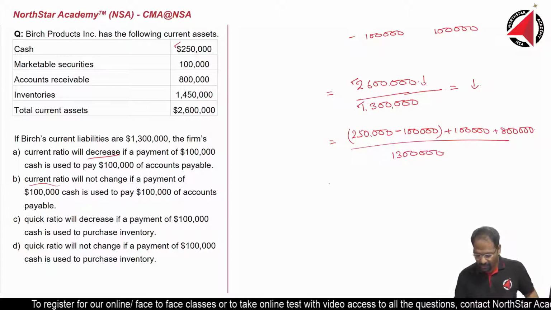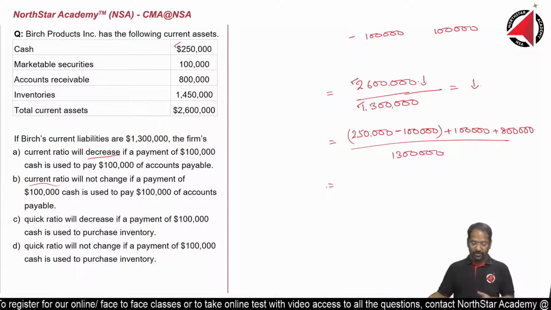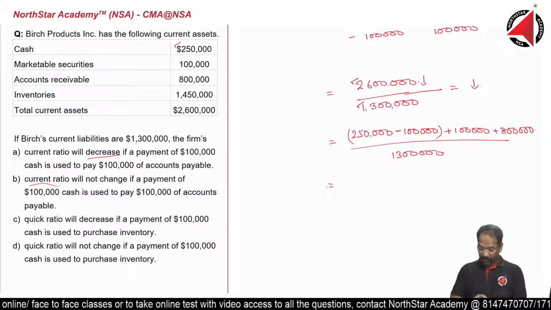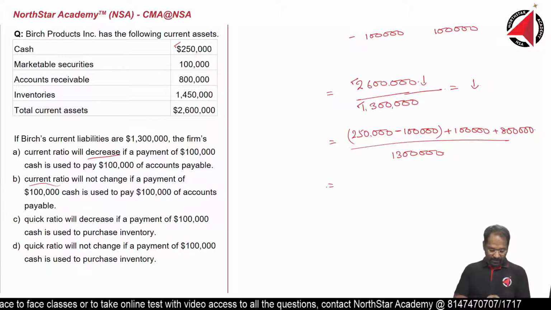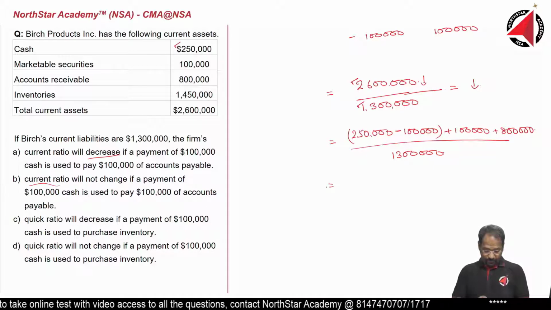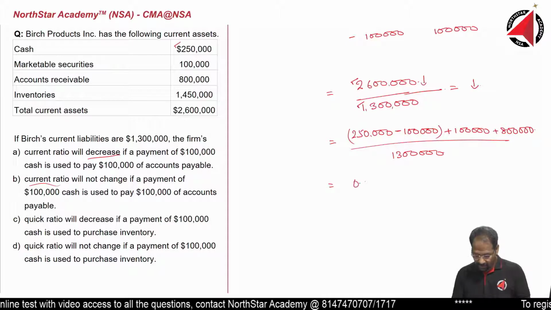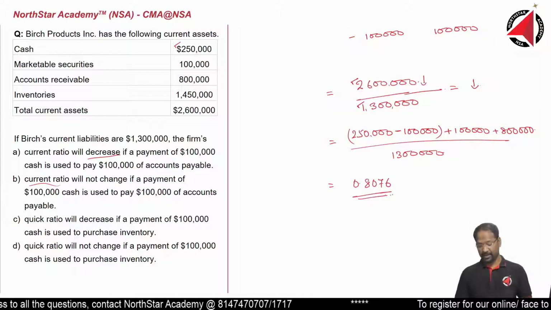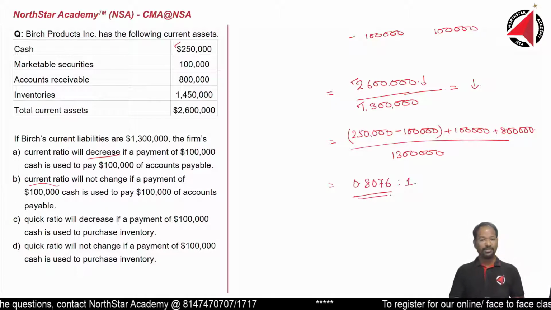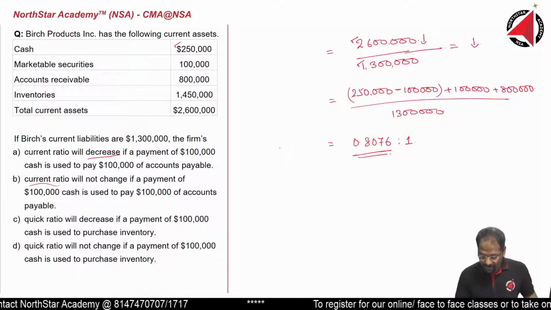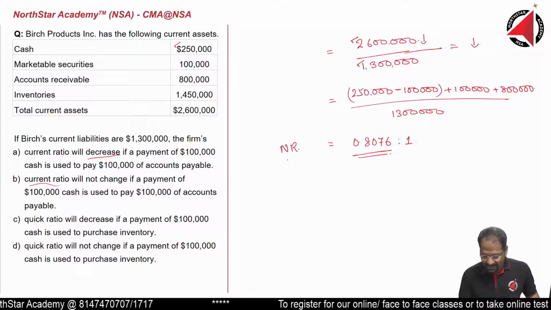This is going to be our new ratio. 250,000 minus 100,000 plus 100,000 plus 800,000 divided by 1,300,000 becomes 0.8076 to 1. This is my quick ratio. If nothing is mentioned, it is always to 1. This is the new ratio, so the new ratio has decreased.